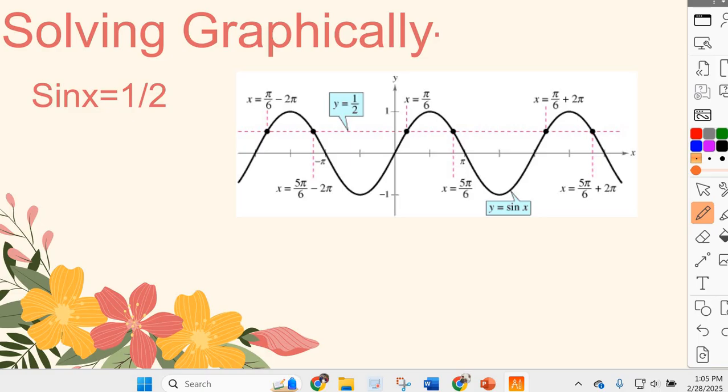The dotted line? What's the dotted line? And if I want to know where sine of x equals 1/2, what do I look for graphically? Where the sine graph passes 1/2.